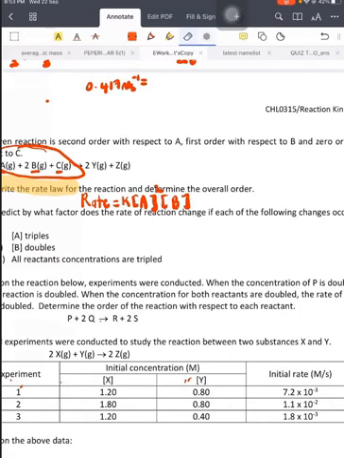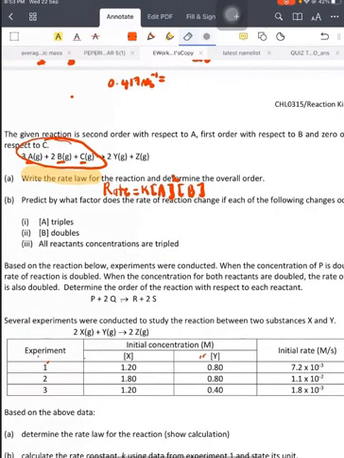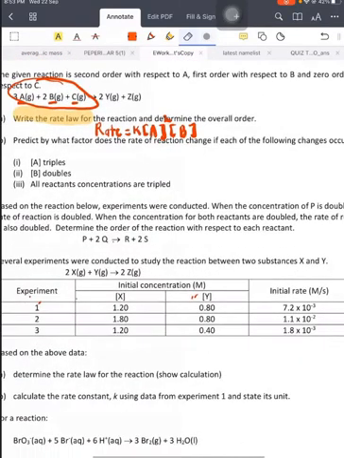Okay, does everyone understand? How to deduce the rate law from the given information? Understand, madam? Okay. So now let's use the rate law.